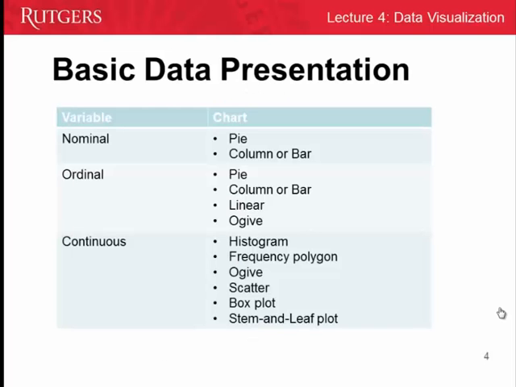Okay, so first, let's go through some basic data presentations. Just a little bit of review about the variable types we discussed last week. We can generally group the variables into two types, the qualitative variable and the quantitative variable.